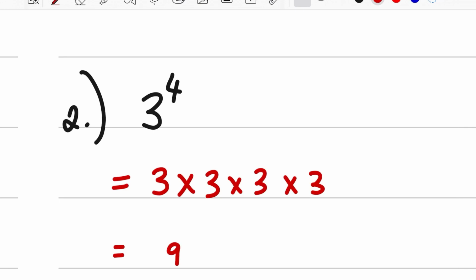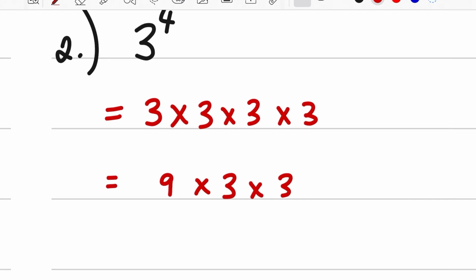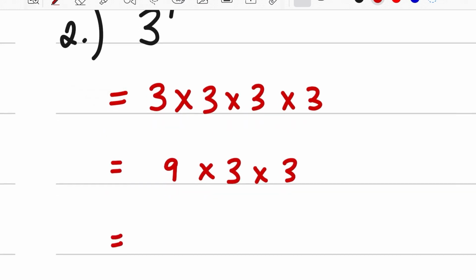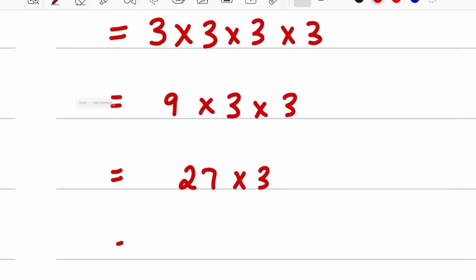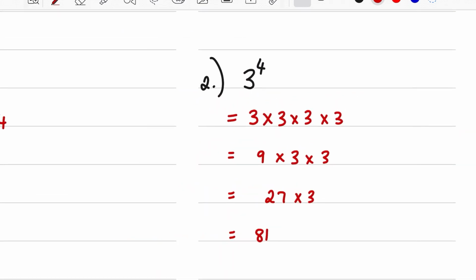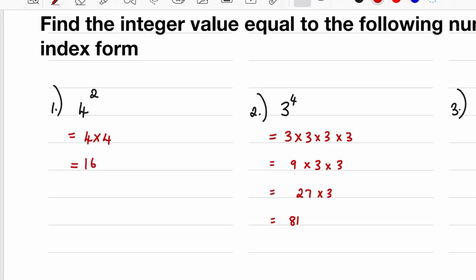And then, as I was explaining before, we bring down each of the 3's that we did not operate on as yet. Now for our next line, we have 9 multiplied by 3, which is 27. And we bring down this last times 3 here. And finally, 27 multiplied by 3, as we know from the examples, is 81. Now again, you can work these out manually, you can use a calculator, whichever one.